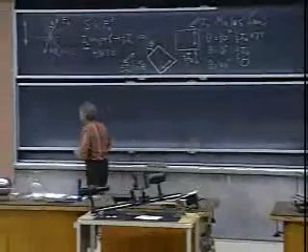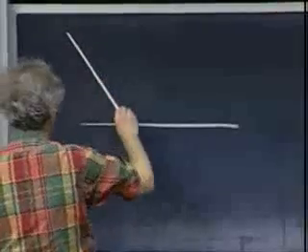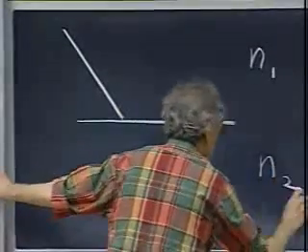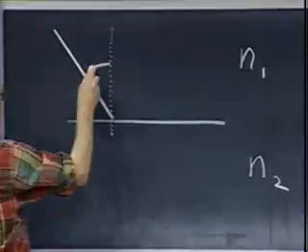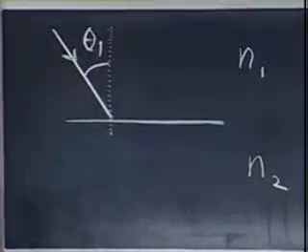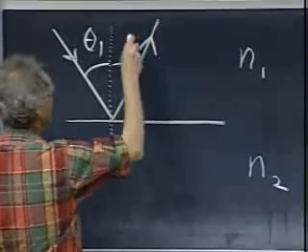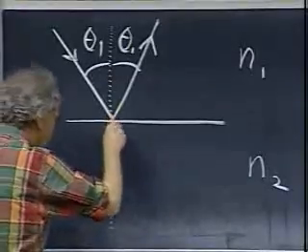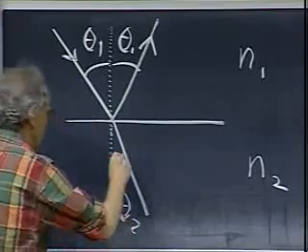Suppose I have unpolarized light coming in. Here, medium 1, index of refraction N1, medium 2, index of refraction N2. It's coming in at an incident angle of theta 1. It's unpolarized. Some of it is reflected, and this angle is also theta 1, as we discussed earlier, and some of it is refracted into this medium, and this angle we'll call theta 2.